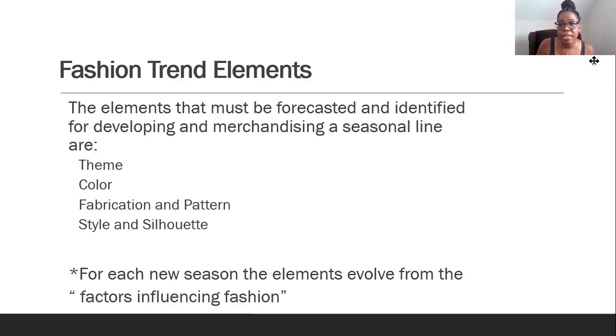Those are our celebrities, could be athletes, popular musicians, and we look to the culture, pop culture, societal issues, what's going on in the environment. All those things are influencing factors. You pick what is relevant to your customer.